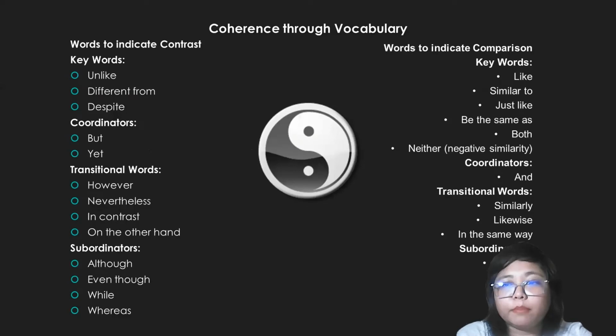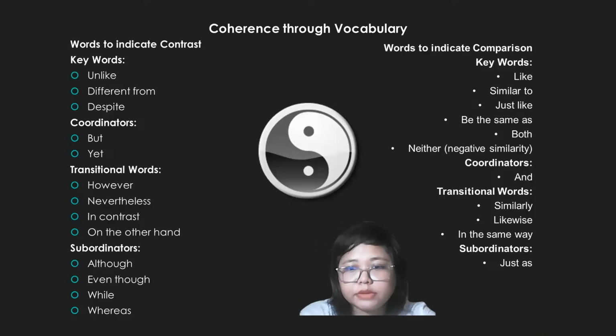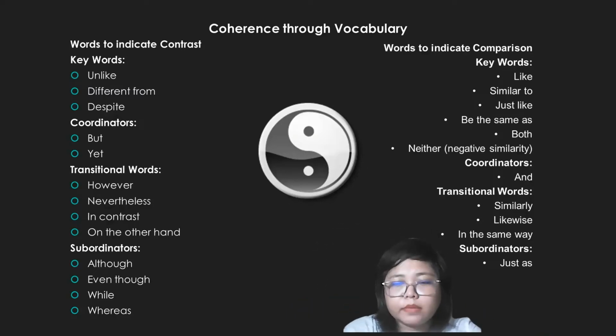And in comparison, you will have like, similar to, just like, the same as, both, neither, or you have and then similar, likewise, in the same way, or just as.